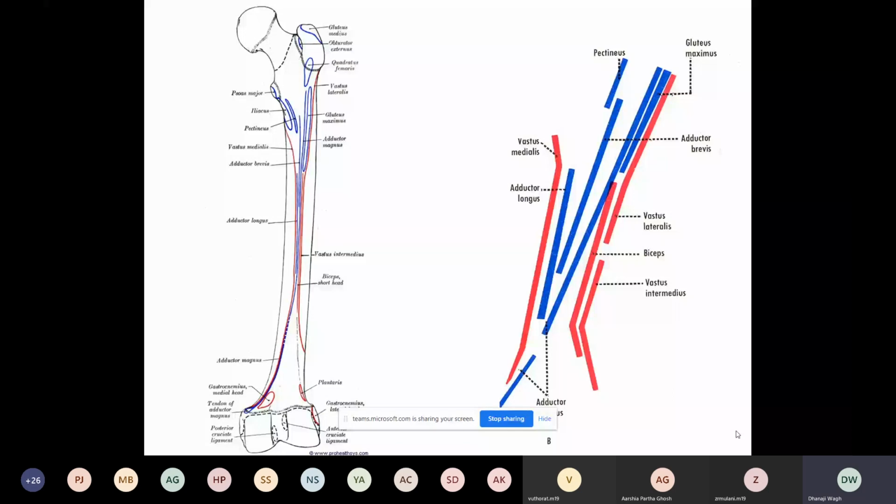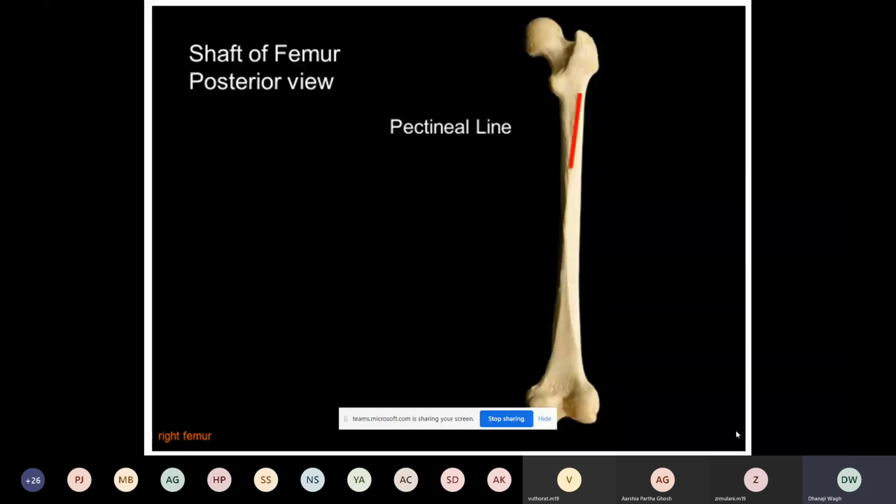For this adductor magnus, you have to note one point: at the lower side, it is interrupted. Then to its lateral, there is the insertion of gluteus maximus on the gluteal tuberosity. Then there is biceps. Then laterally there is vastus lateralis, and on the lower side there is vastus intermedius. On the posterior view, we can see the pectineal line.